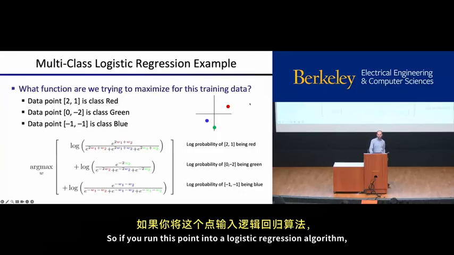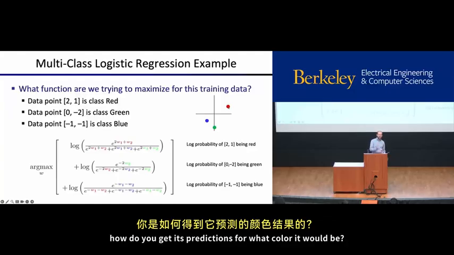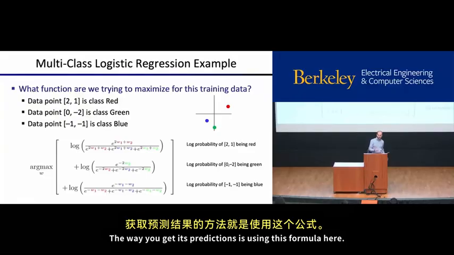So if you run this point into a logistic regression algorithm, how do you get its predictions for what color it would be? The way you get its predictions is using this formula here.